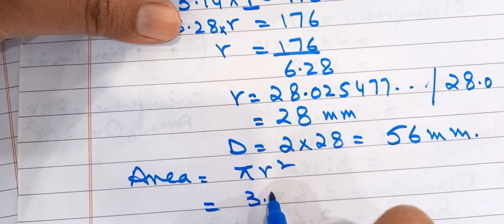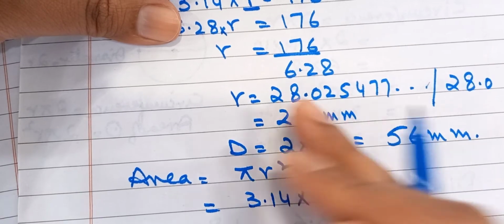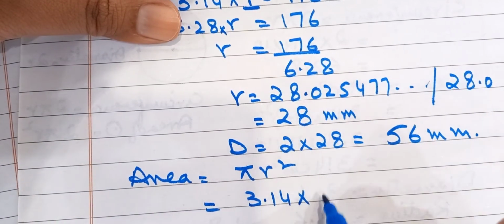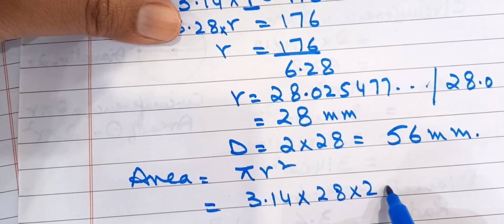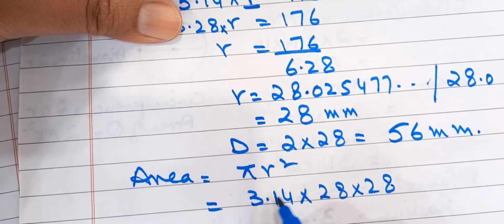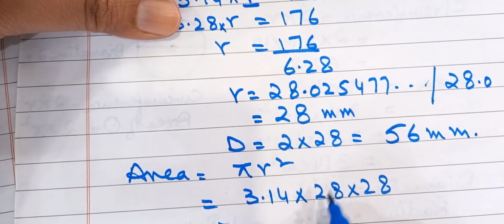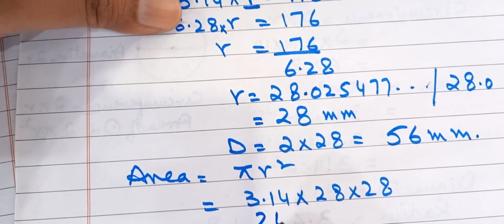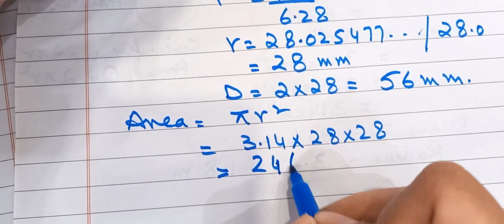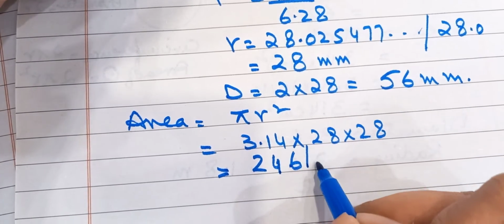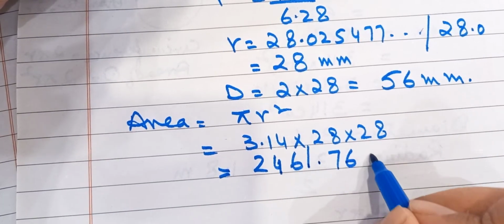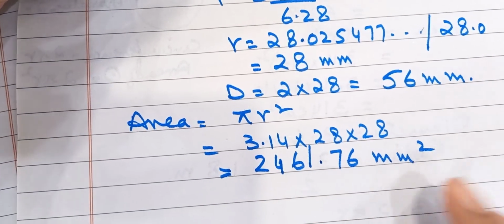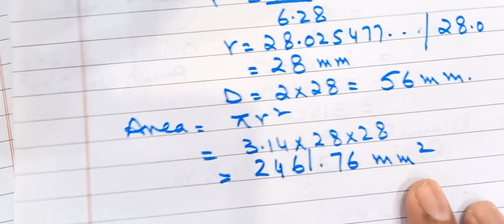Pi is 3.14, r is 28 into 28. When we multiply it, the result will be 24461.76 millimeter square.